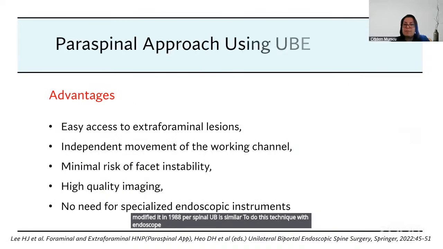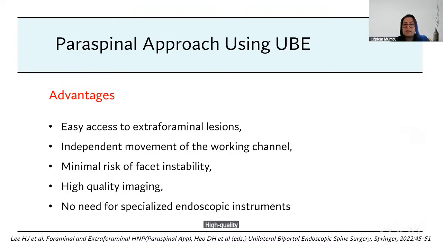Paraspinal UBE has many advantages and overcomes the drawbacks of earlier open, microendoscopic and uniportal endoscopic procedures, including easy access to extraforaminal lesions, independent movement of the working channel, and minimal risk of facet instability. High quality imaging and special endoscopic instruments are not required.